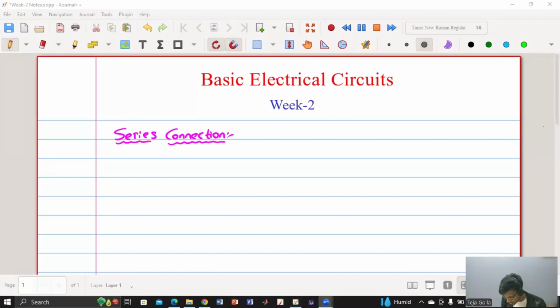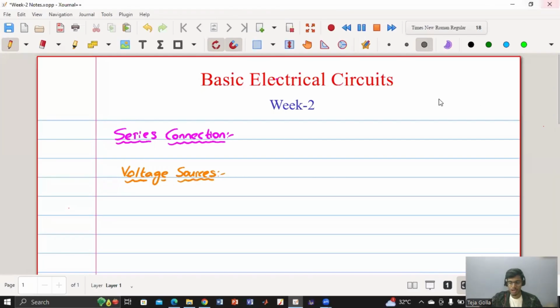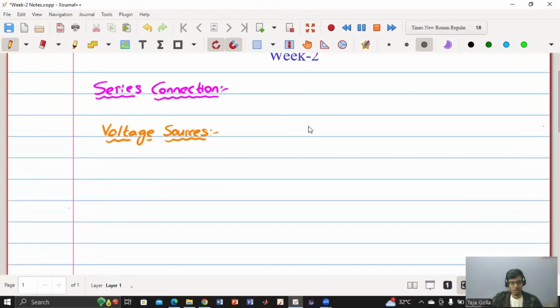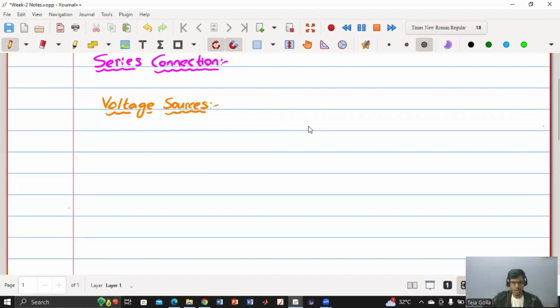Then we have voltage sources. Okay, so I'll connect multiple voltage sources in series connection. Let me consider a few voltage sources.